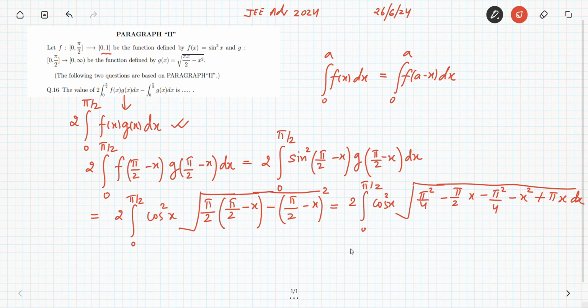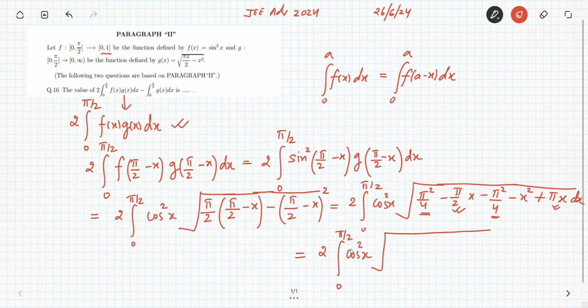So if I simplify it a bit more, then what I will get is twice the integral from 0 to pi by 2 of cos square x times square root under, pi square by 4 will get cancelled, these two terms, and here it will be minus pi by 2 x plus pi x.